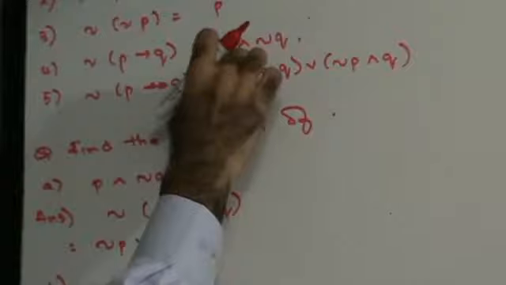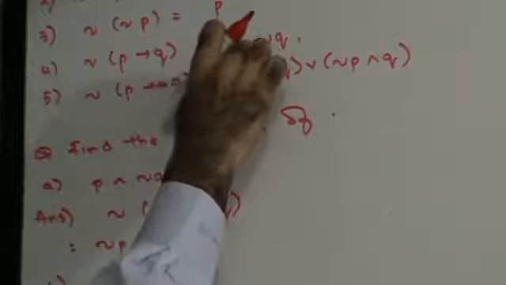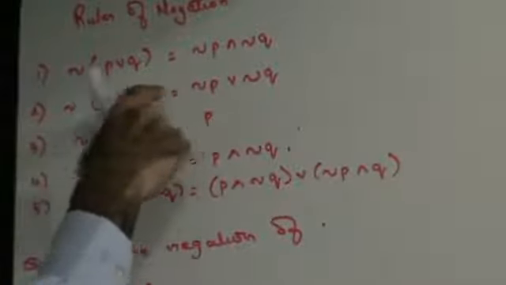When I am making not, I provide the first condition as it is and not second condition. Now again look at the rule: not of Q and R. Not for both the conditions is not of first or not of second. So this is going to be not of first or not of second. Finish. That's the answer.